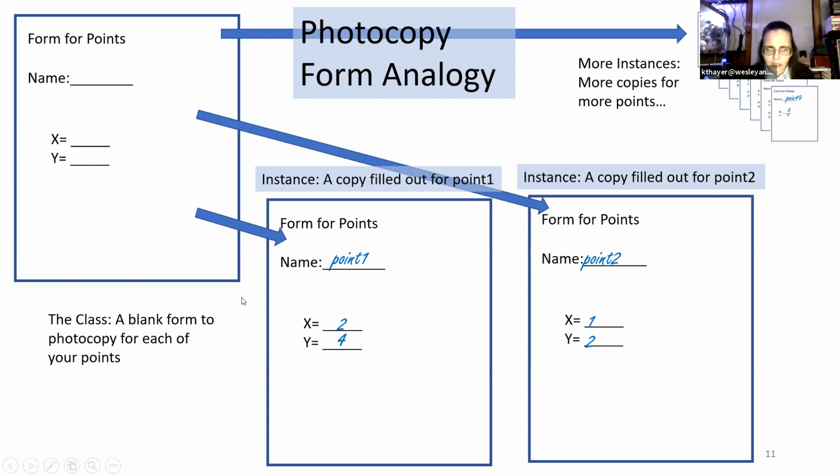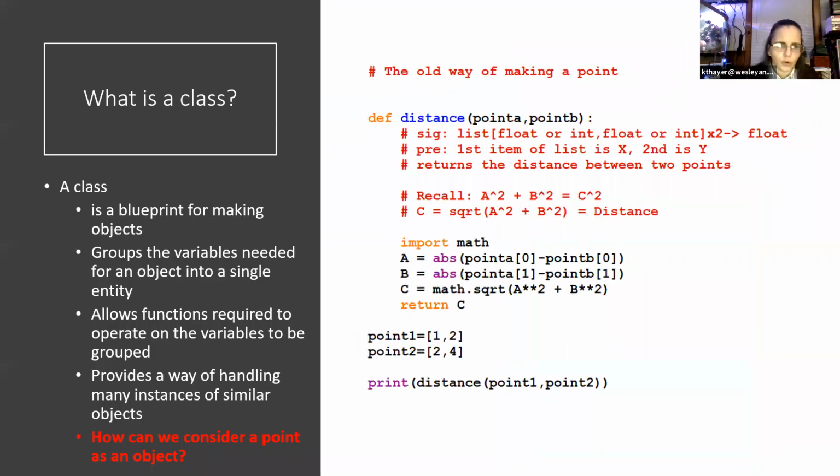It's the blueprint, the master copy, the blank form for all the other points. And then we're going to have instances of specific points. So this is the instantiation of each of the points, the instance of that point, which has a particular name and some attributes. That is, the value of 2 and 4 is associated with it. And that will be true for all the points that we need to collect and get information about. So that's kind of how it works.